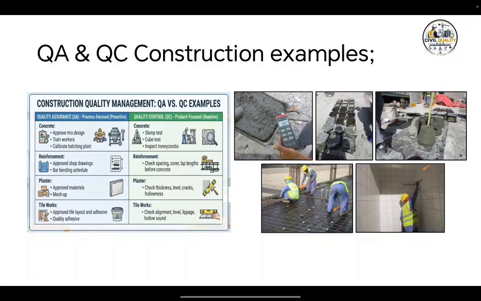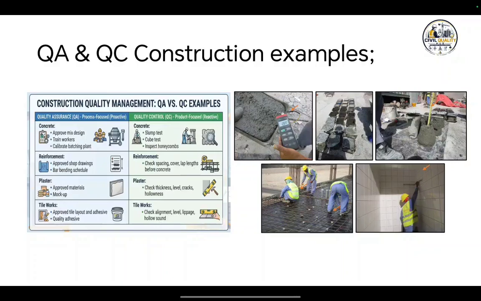For reinforcement, QA is approved shop drawings and approved bar bending schedule, and for quality control, check spacing, cover, lap length, and slab length before concrete, etc. Next, for plaster, in quality assurance, approved materials and mock-up approval.